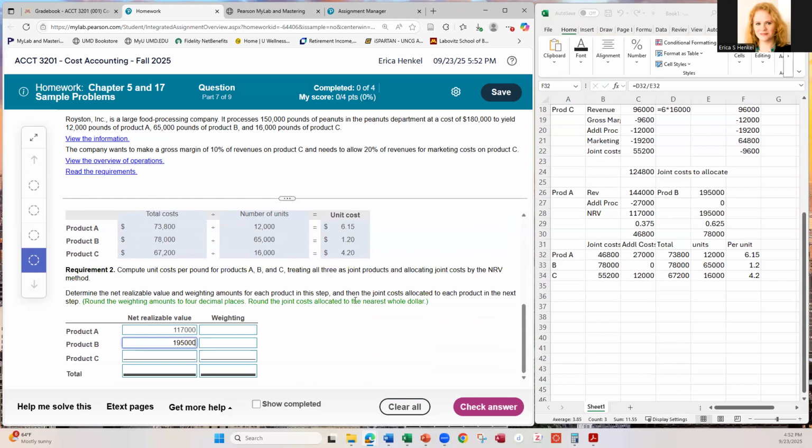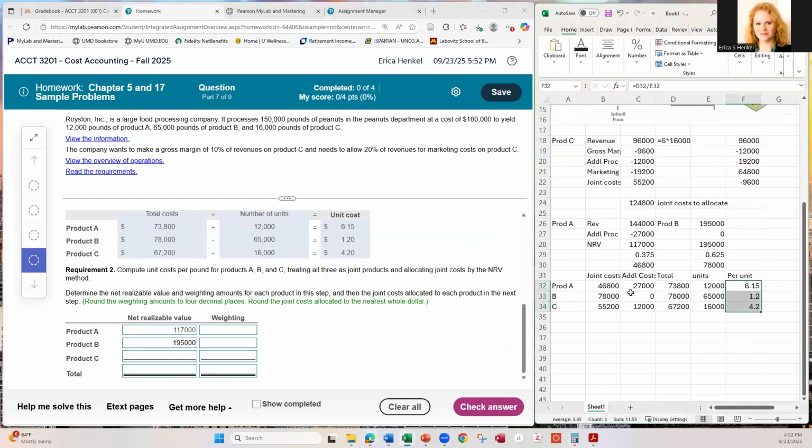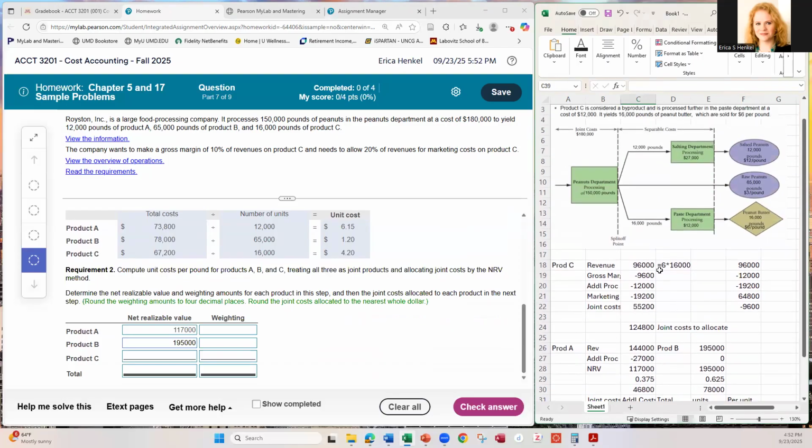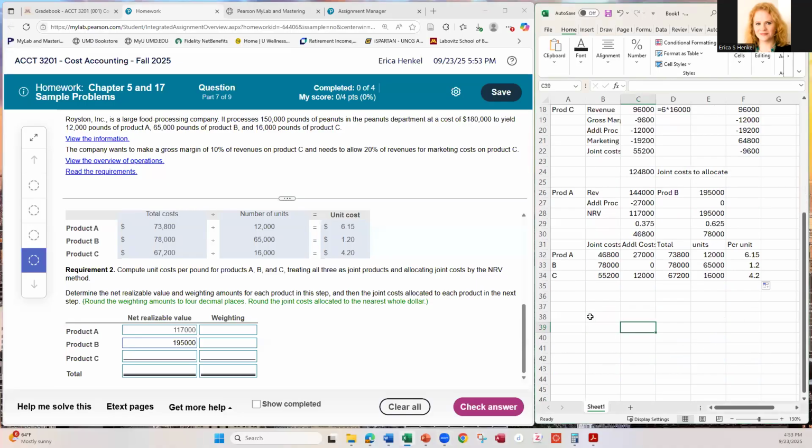And in terms of the net realizable value here, we're just remembering that for net realizable value, we want to take our revenues minus separable costs. Okay, right?